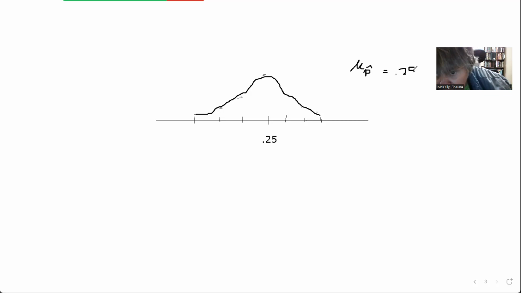Again, that came from the problem. And when we plugged it in, we got sigma of p hat was equal to 0.01.